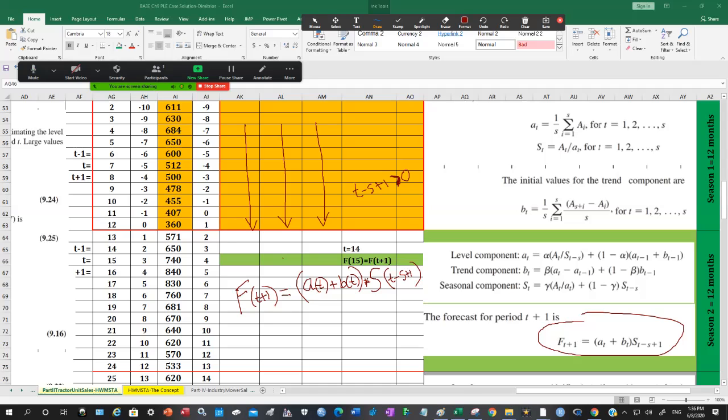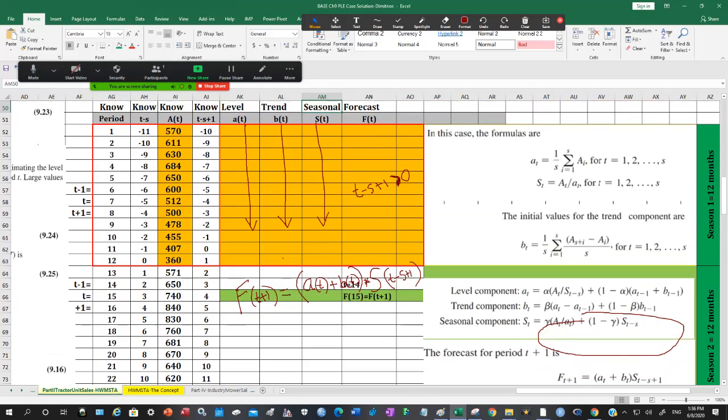Now, let's go up. This t minus s plus 1, if we go down here, the first non-zero number, the first positive number is this number right here. Let me grab this.